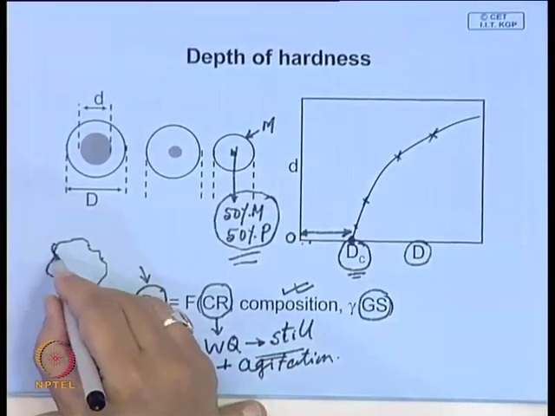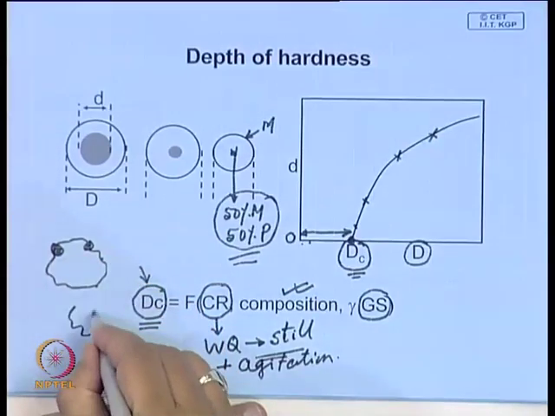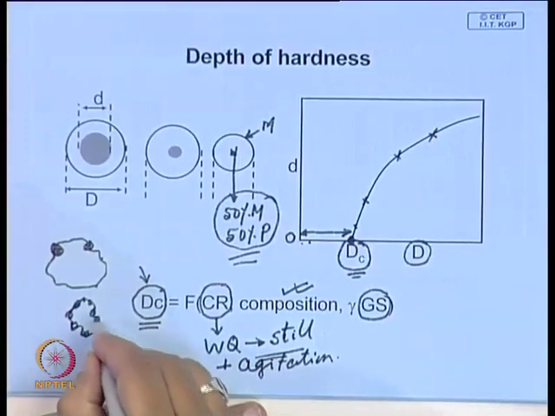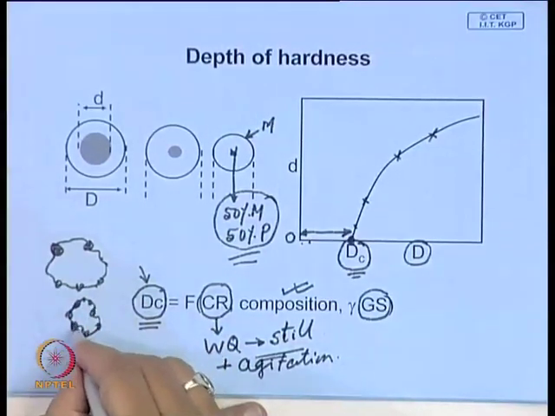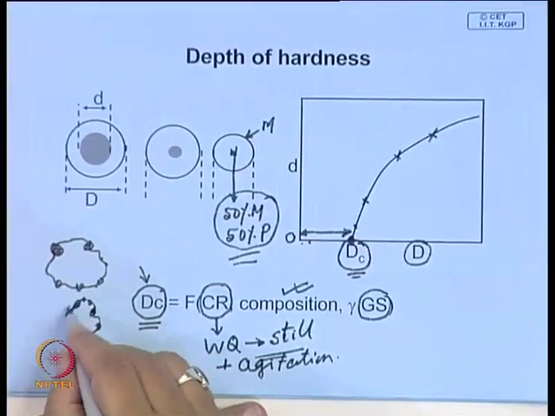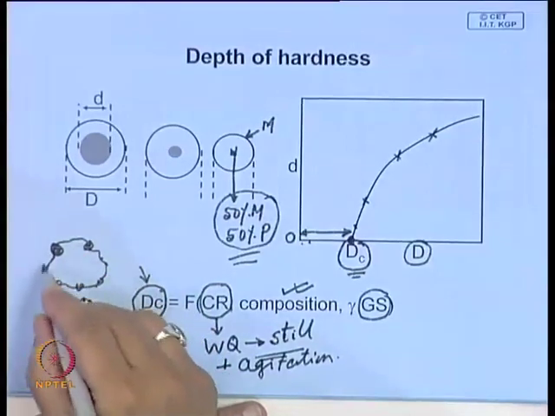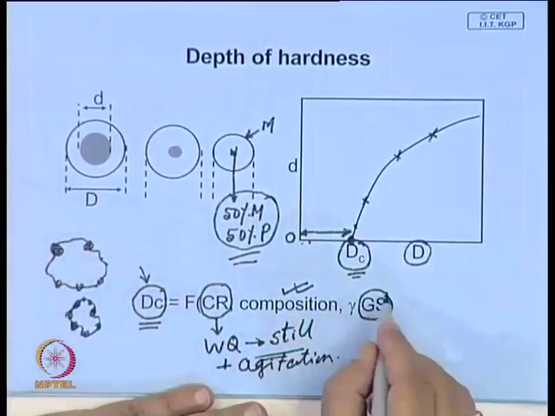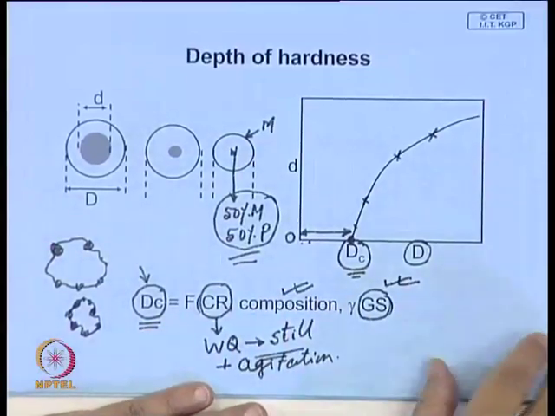Whereas if you have fine austenite, the number of sites at which this transformation can take place is much more, while in coarse austenite this is much less. Therefore, diffusion controlled transformation here will be slow. So, this is also an important factor that will determine this critical diameter.